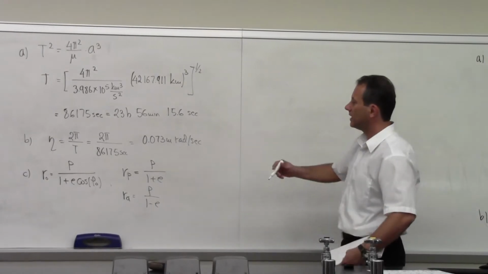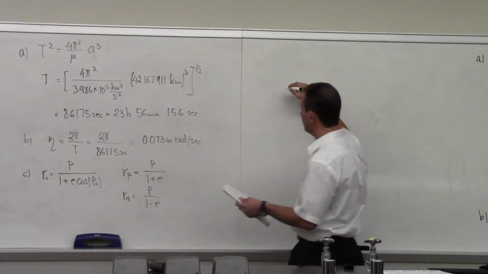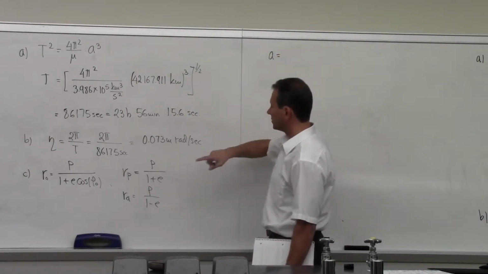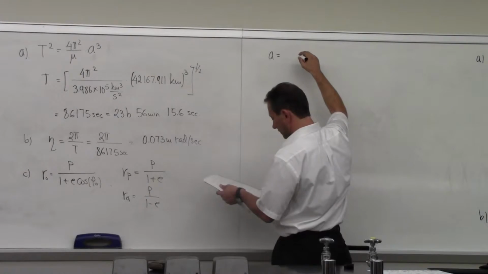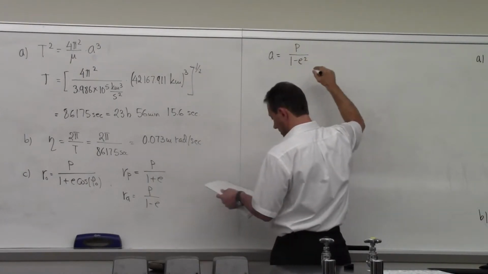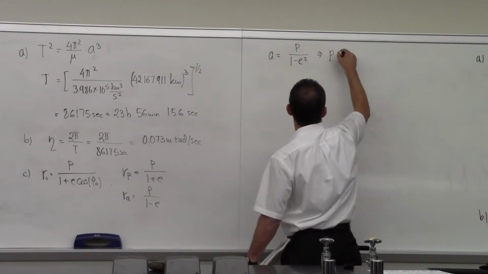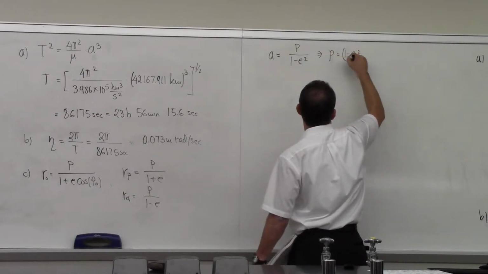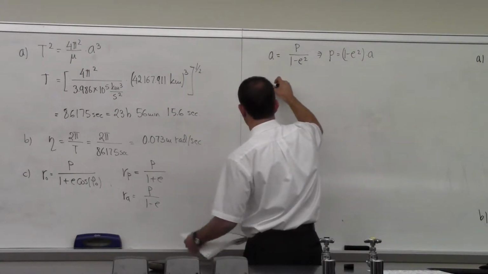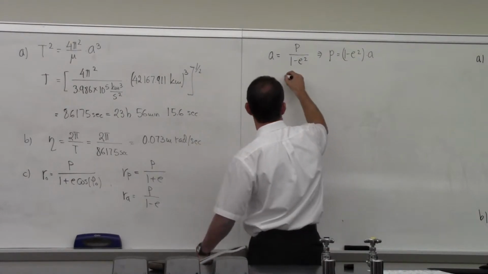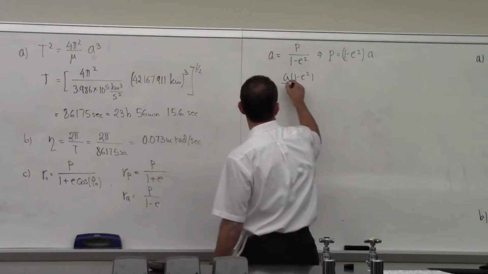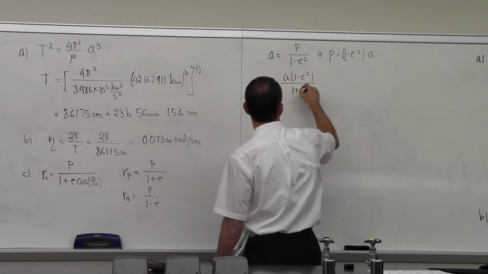In one of the slides, we went through a derivation that gave this expression for the semi-major axis, so this is p over 1 minus e squared. So from here, we can express p as 1 minus e squared times a. Therefore, you can calculate that Rp is equal to a times 1 minus e squared, that stands for this p, divided by 1 plus e.